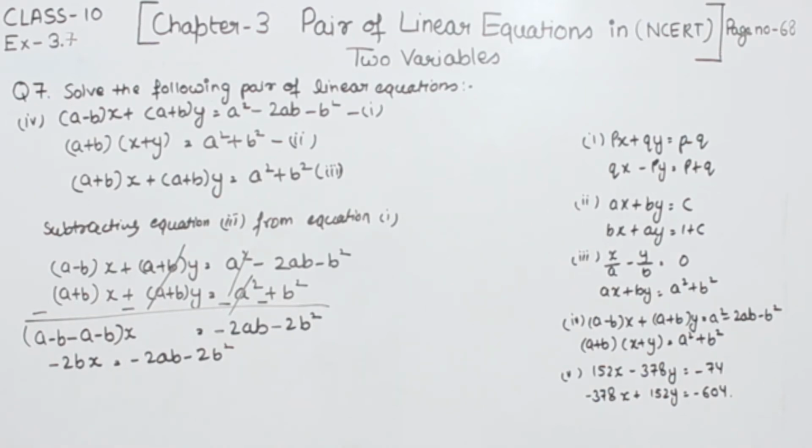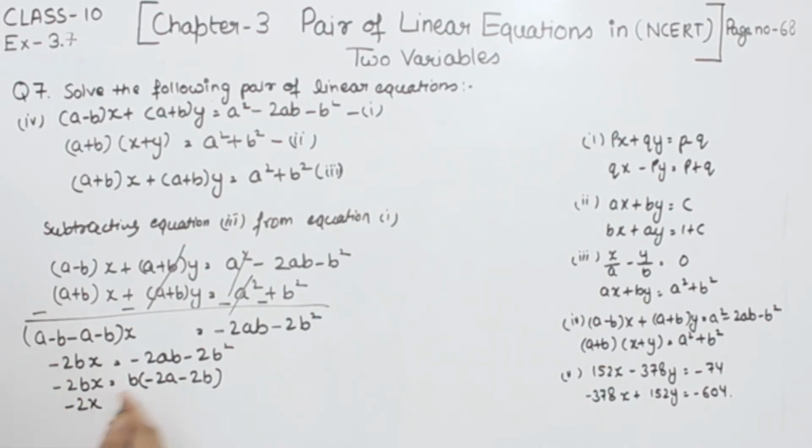Now we are going to take b common from here. We have minus 2bx is equal to b, taking b as common, minus 2a minus 2b. Now I am going to transfer this b here.